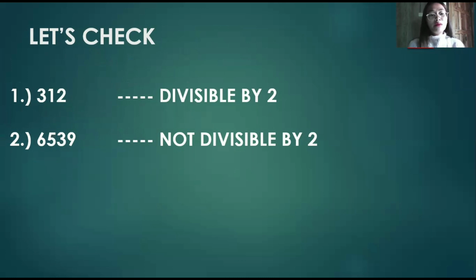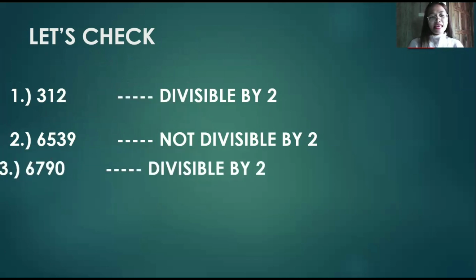So, atong hinumduman, ang last nga number is 9. So, it is not even or dili siya pares, but it is an odd number or bungkig. Therefore, the answer is not divisible by 2.